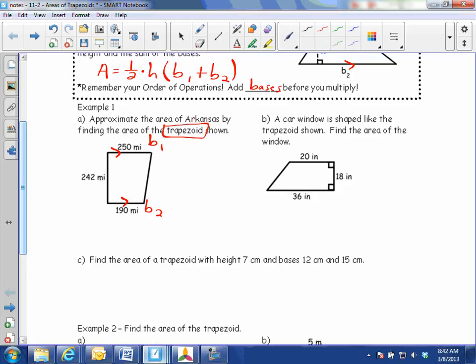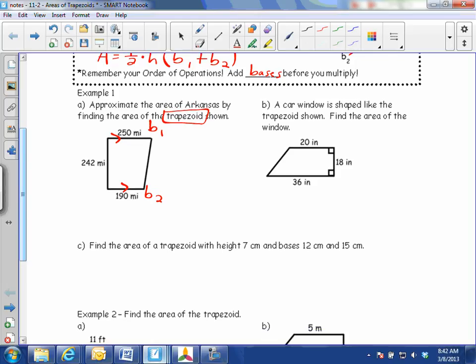Okay? So I'm going to fill in our formula. We're going to have 1/2 times, what's our height? Times 242. Then we're going to add the bases. So 250 plus 190. Okay, again, what is our first step? Add the bases. So what's 250 plus 190?